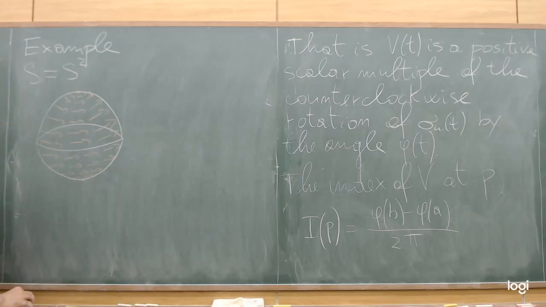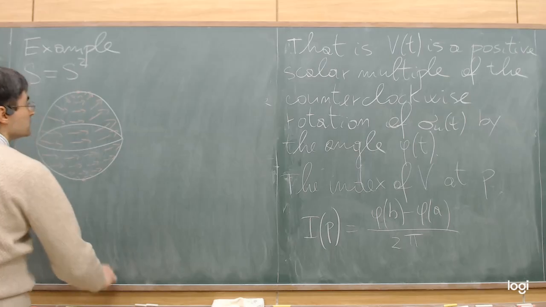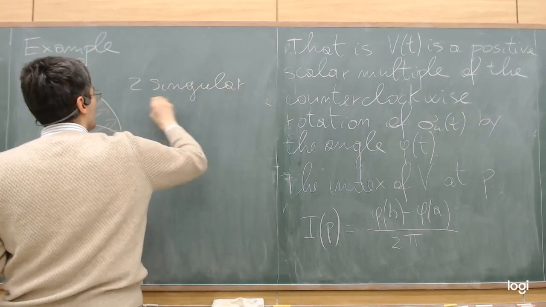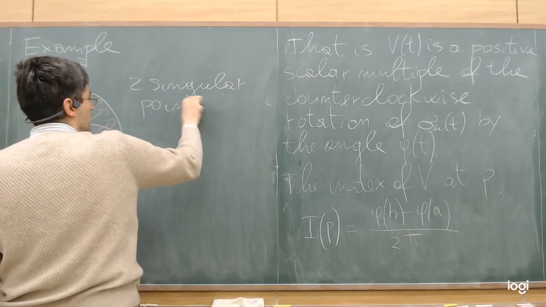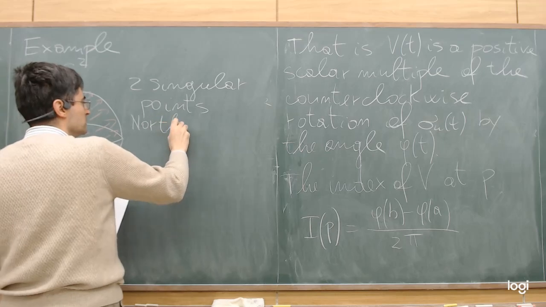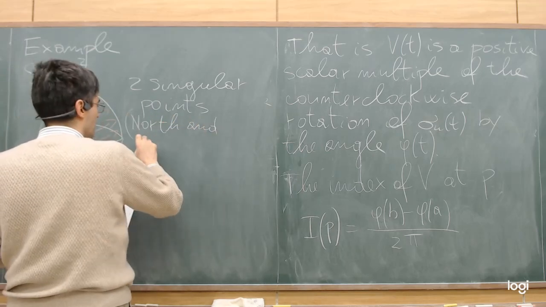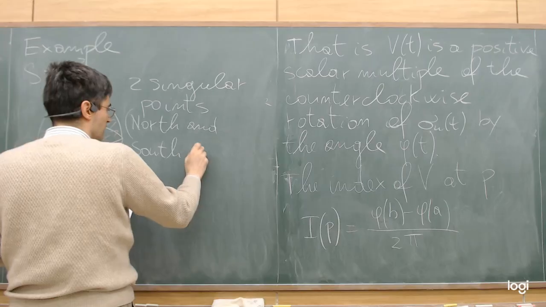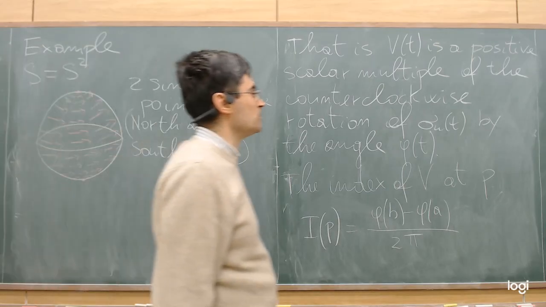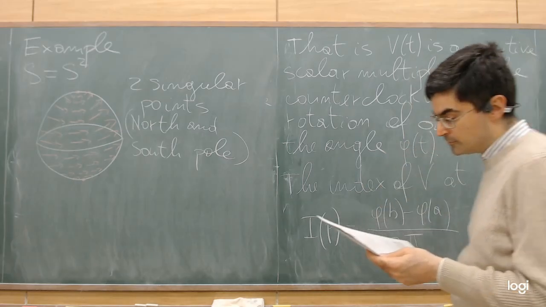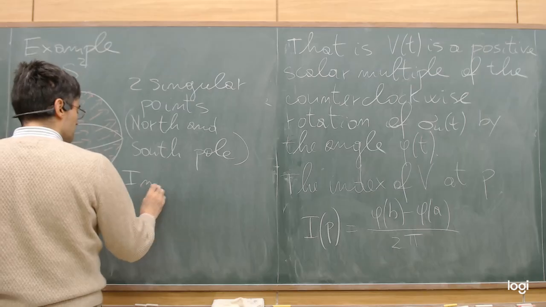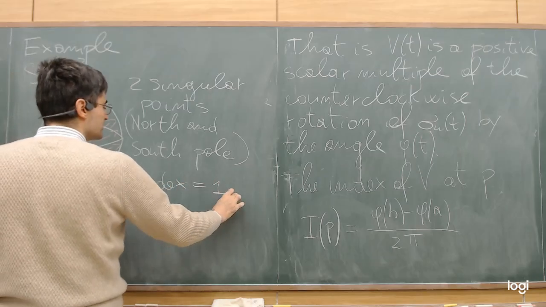This vector field has two singular points, the North Pole and the South Pole. And if you use this formula, you can prove that the index is equal to 1 for both of them.